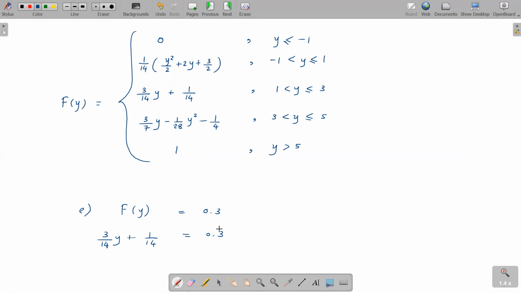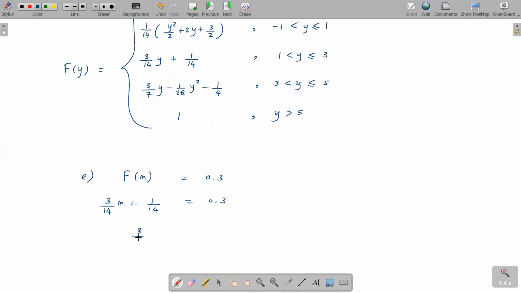We'll use a different letter here. If the 30th percentile is M, you can use some letter. How much is it? 3 over 14 M equals 0.3 minus 1 over 14.